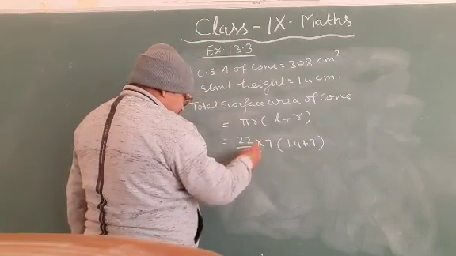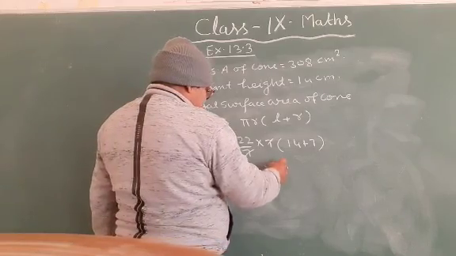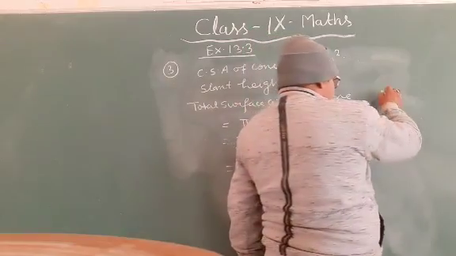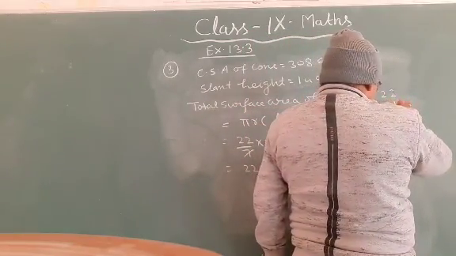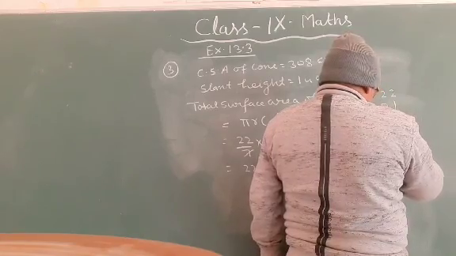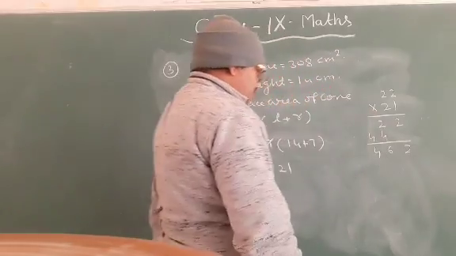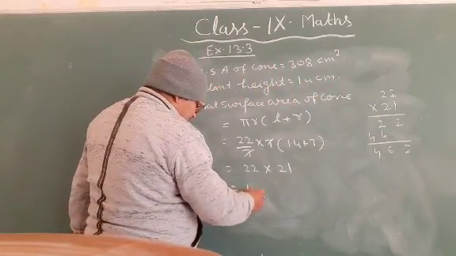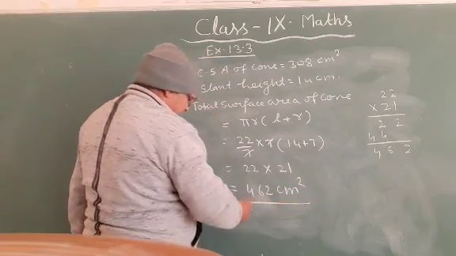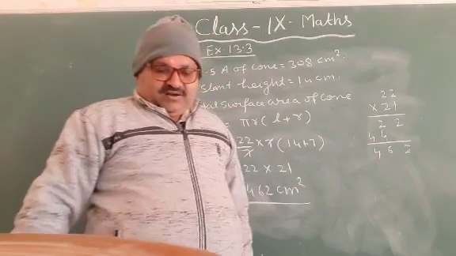So 22 7 cancel, 22 into 21. Now we multiply 22 into 21, and we get 462 centimeter square is the total surface area of the cone.